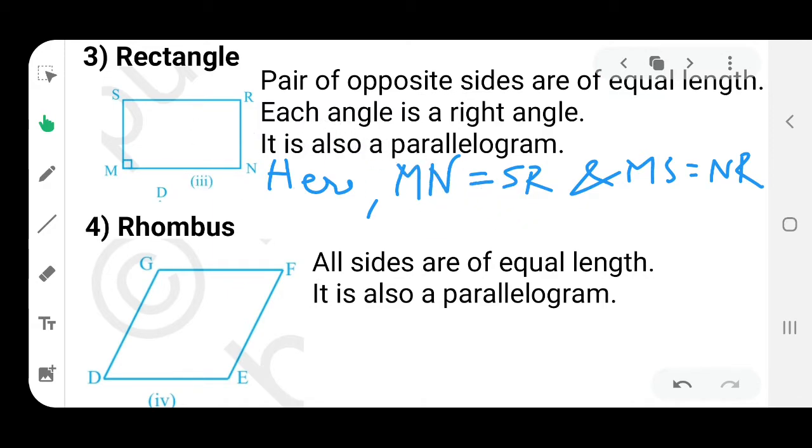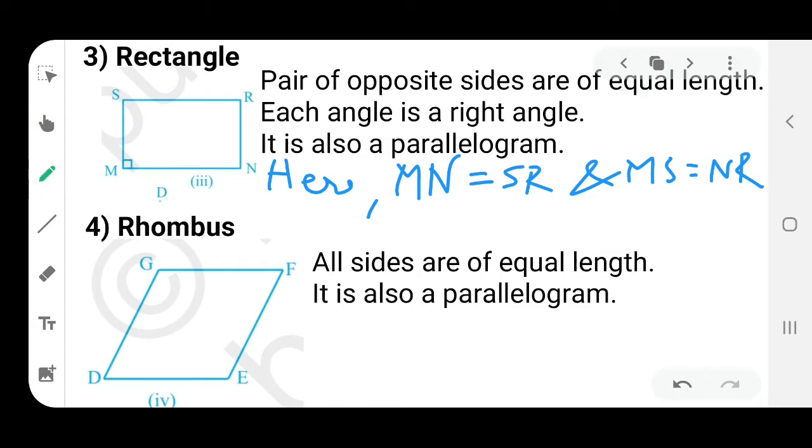Okay. So the fourth type is now, understand all these points very carefully and note them down in your notebook. Rhombus. Now, what is a rhombus? That all sides are of equal length. We saw in rectangle that opposite sides only are equal, but in rhombus, all four sides here, this DE, EF, FG, and GD, all these four sides are equal to each other.